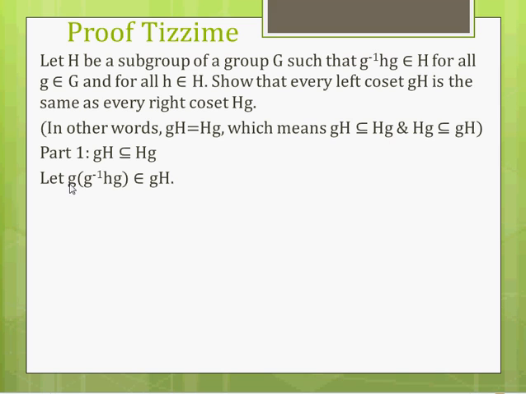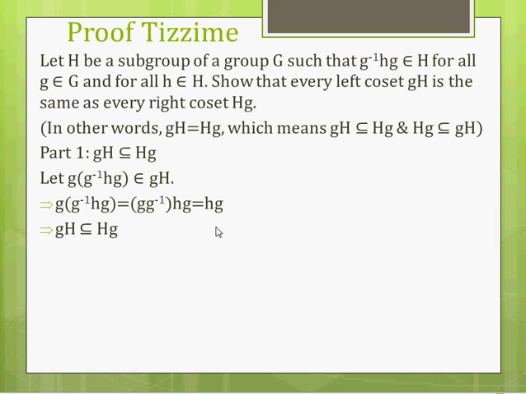So this is in gH. And since this is an element in H, we multiply them together, and what we get is in Hg. So this is going to be in big Hg, isn't it? So we just showed that if we take an element in gH, we get an element in Hg.